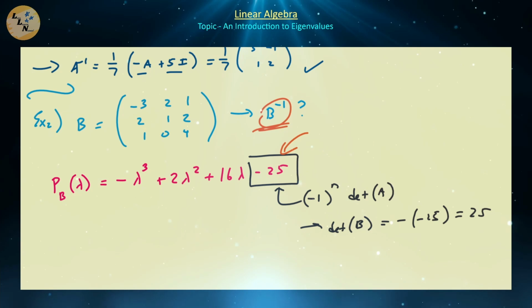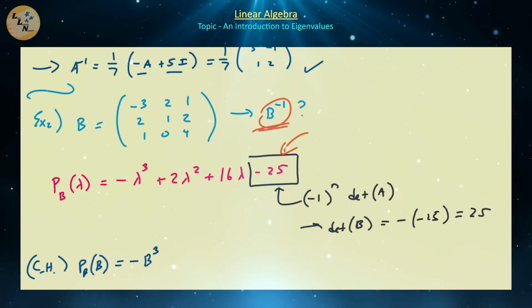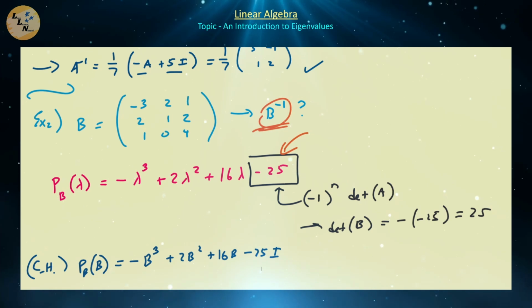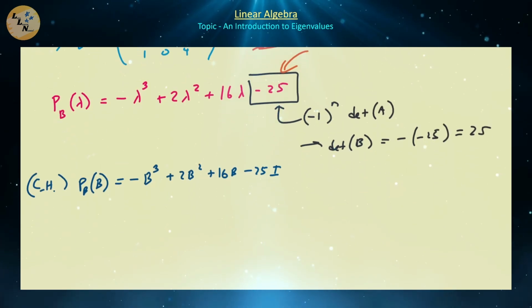And if you think about that logically, by the Cayley-Hamilton theorem, this statement, P of B, is going to be equal to minus B cubed plus 2B squared plus 16B minus 25I. And we solve for that identity matrix, but if there was not a constant there, you couldn't do it, i.e. you can't find the inverse, because in that case it wouldn't exist.